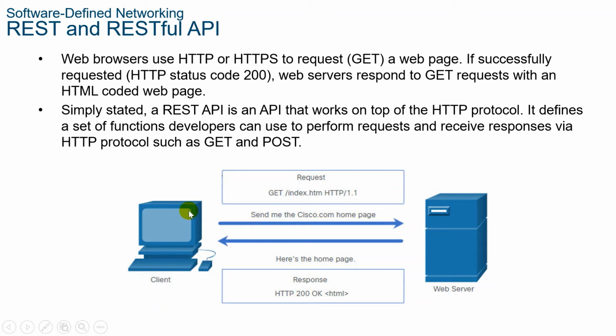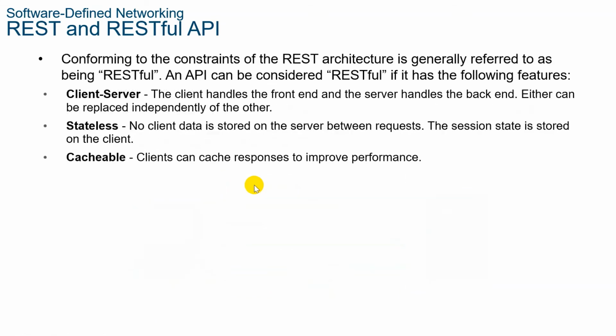It defines a set of functions developers can use to perform requests and receive responses via HTTP, such as GET and POST, similar to what is also used in HTML. Conforming to the constraints of the REST architecture is generally referred to as being RESTful. An API can be considered RESTful if it has the features stated earlier.